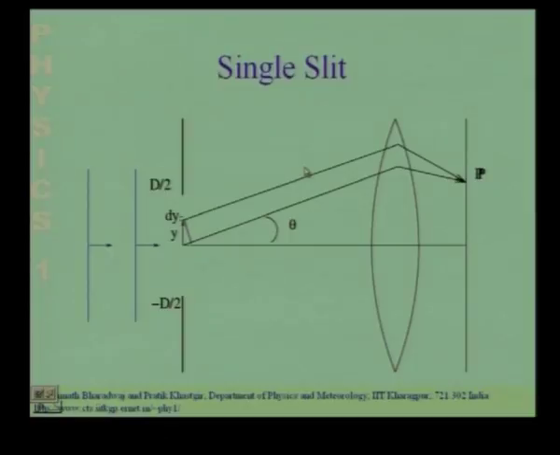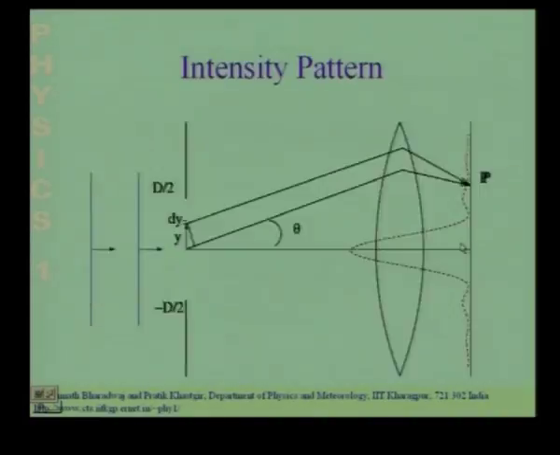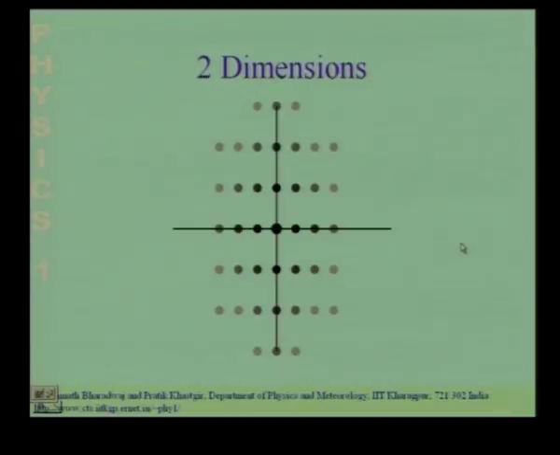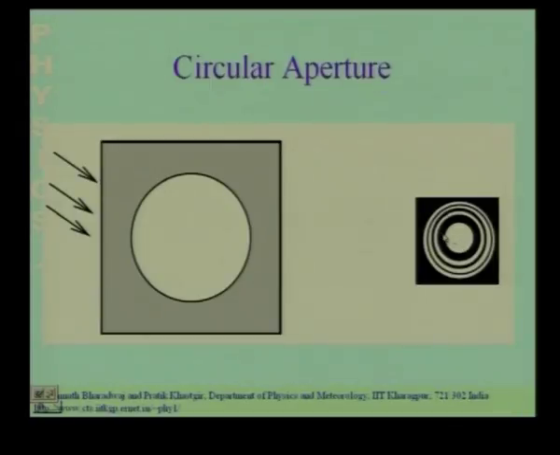If you had a circular aperture here and you had this kind of a screen and lens arrangement, the intensity pattern that you would see on the screen over here would look like this.